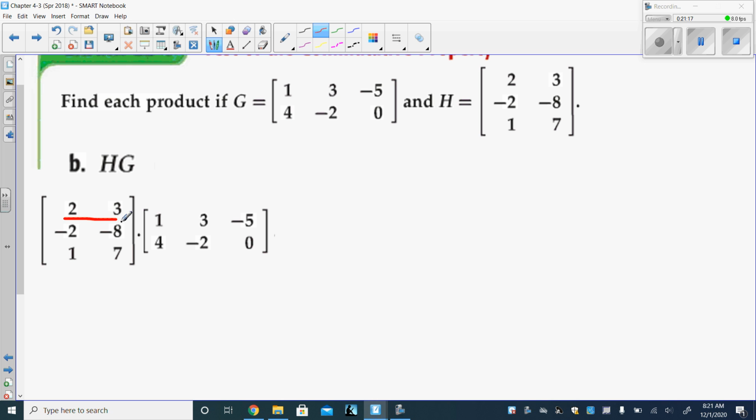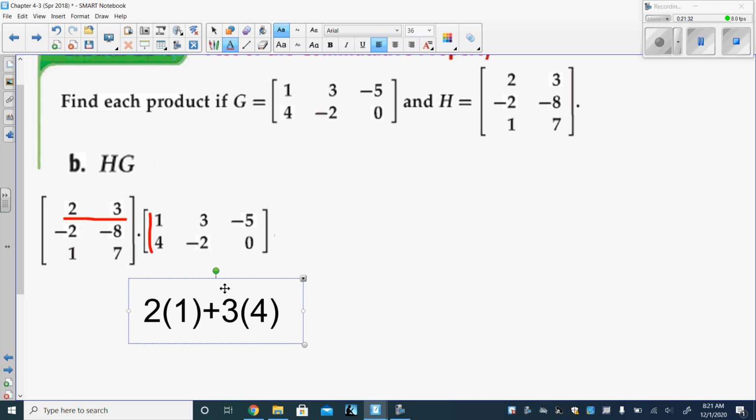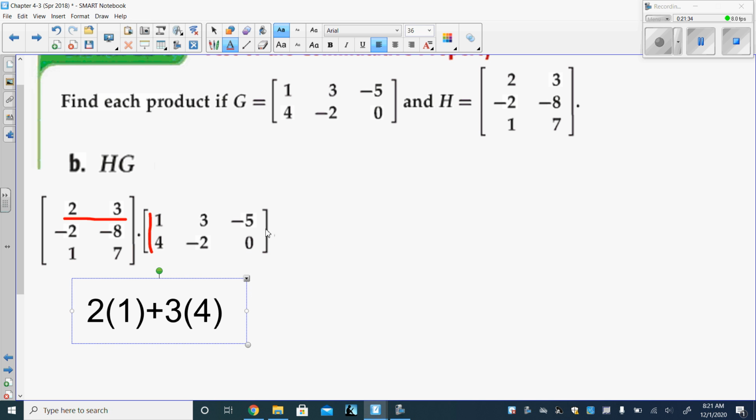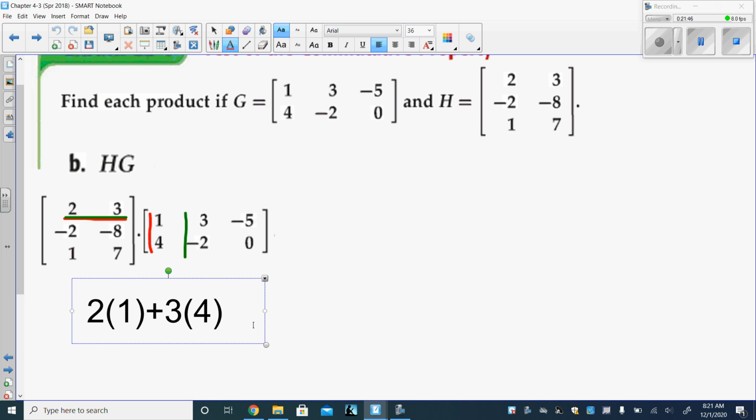So we would go over 2, 3, down. So our first set of numbers is going to be 2 times 1 plus 3 times 4. And we're done with the first. So let's move on to the next. So it'd be 2 times 3, and then 3 and negative 2. So we would multiply these.